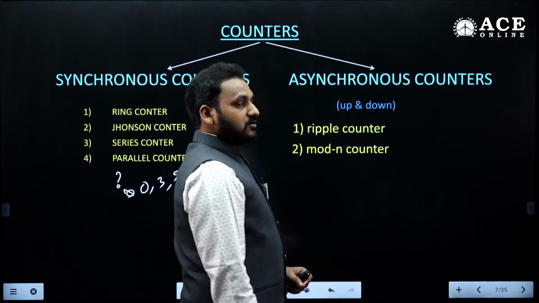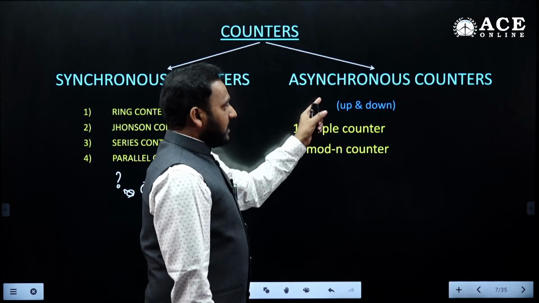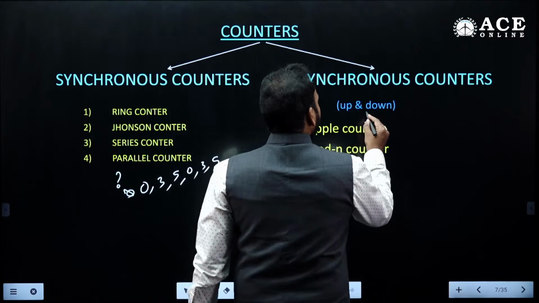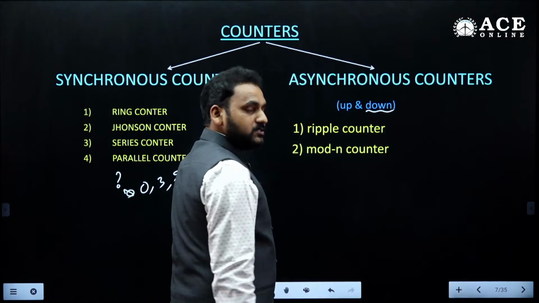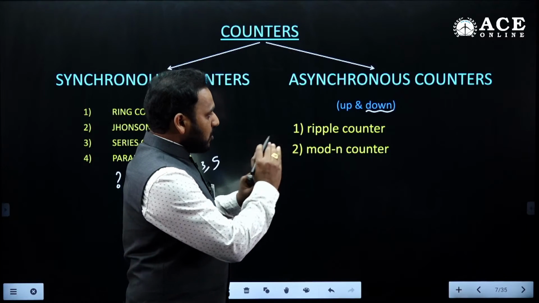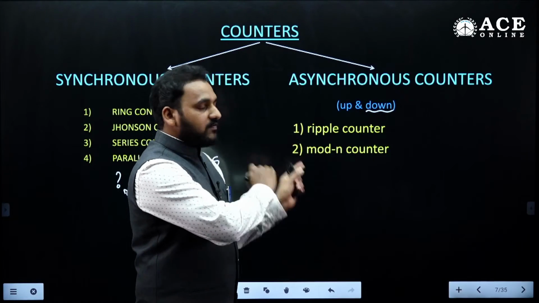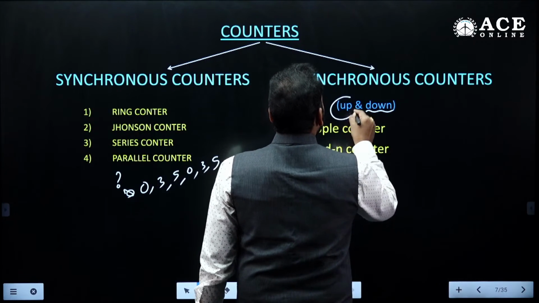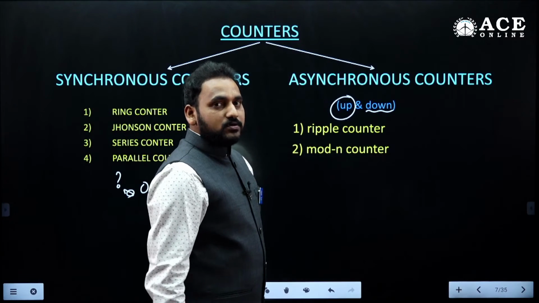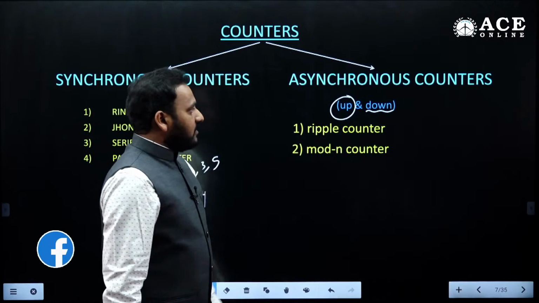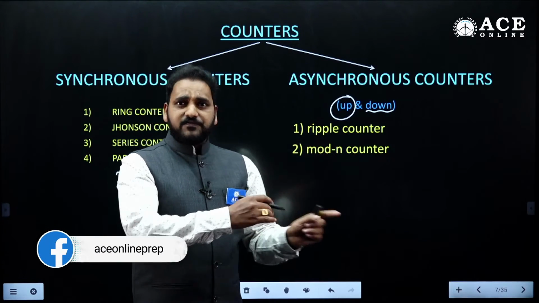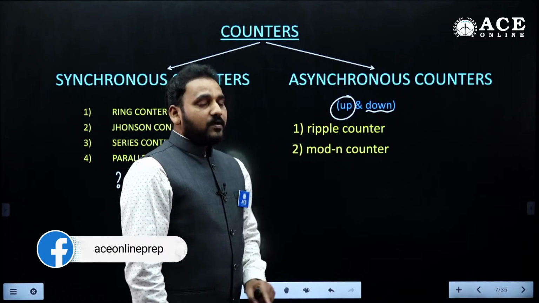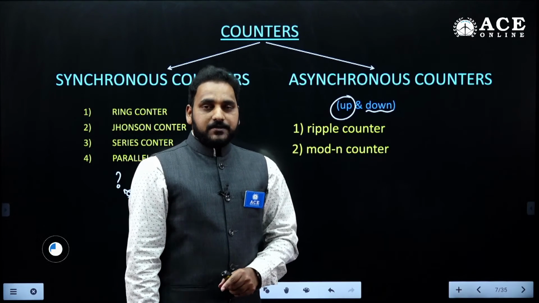Coming to the asynchronous counters, there are actually 2 types, up counter and down counter. Even though you can find down counter circuits in the problems, I will talk about some common properties of up and down counter by taking the up counter as the reference circuit. Again, don't get confused. Within this 45 to 60 minutes, I can focus on only one type of counter, the up counter.